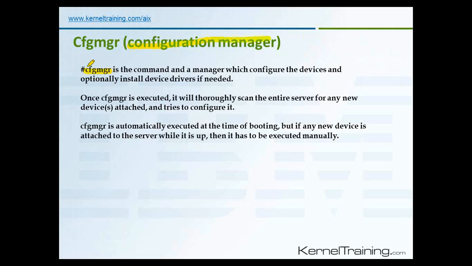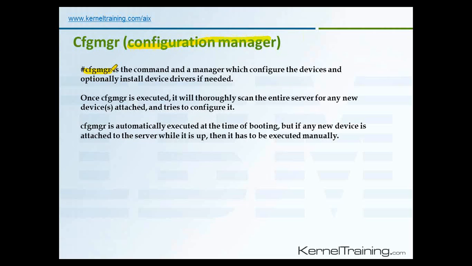When I use this command, it will thoroughly scan the entire system for any new object added to my system. If it finds any new object added, it will try to configure that device with a proper driver. But how will it get the driver?